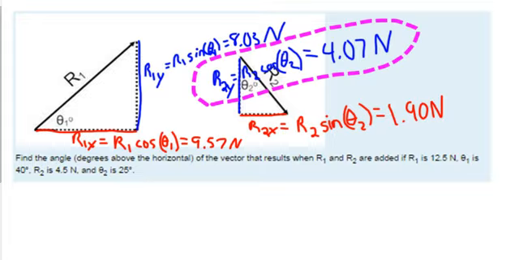So the way that we indicate that is we will call it a negative 4.07. Now, what we have to do is sum up so that we can get our x and y components of these vectors. And so if I look at it, I've got an x component 9.57.